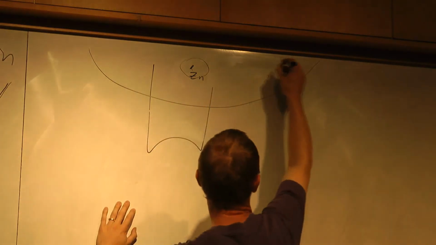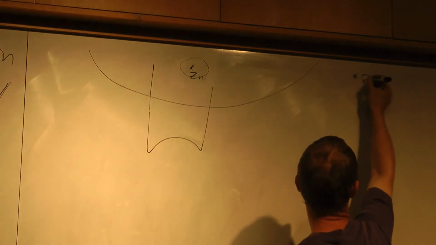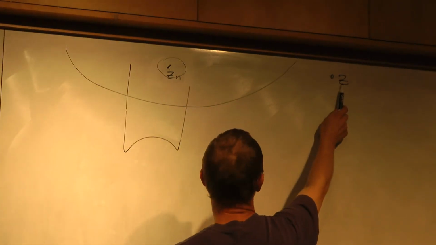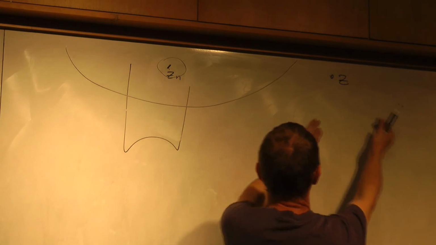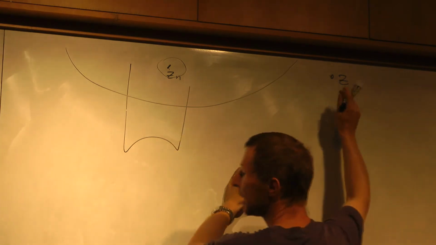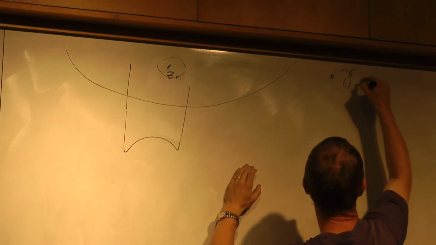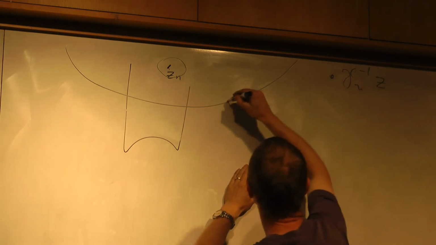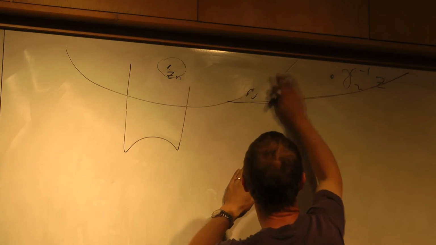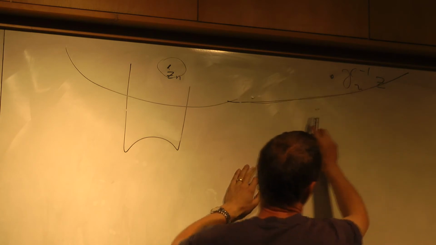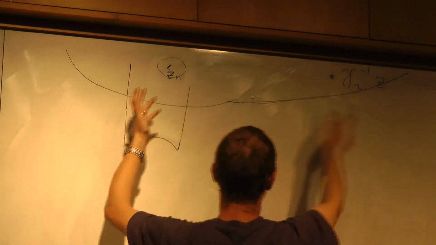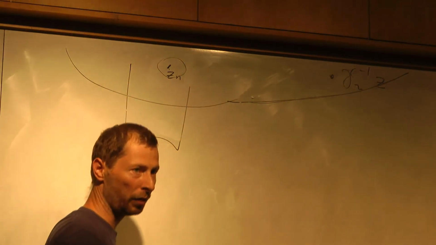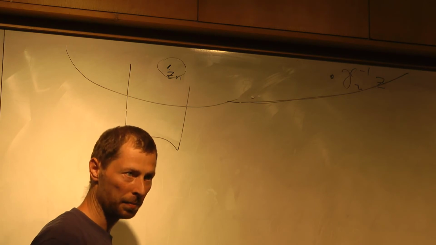So this other point Z is somewhere here. But if the Z is here, then I just shift it horizontally. No, that's not Zn, it's gamma n inverse Z. It's inside the ball. Inside the ball, thank you. But then I shift horizontally and move it into the fundamental domain, which means my limit has a representative within the fundamental domain. Done.